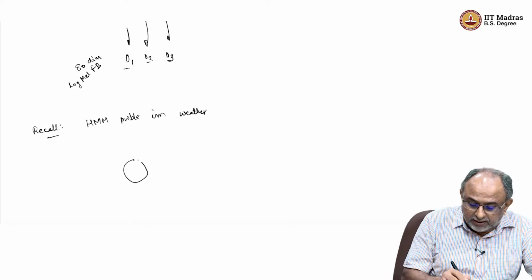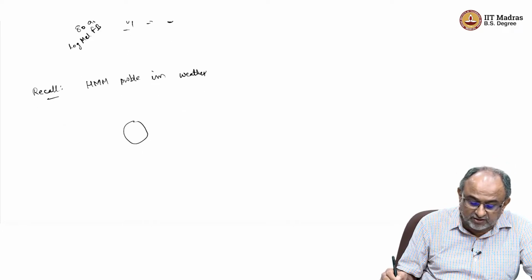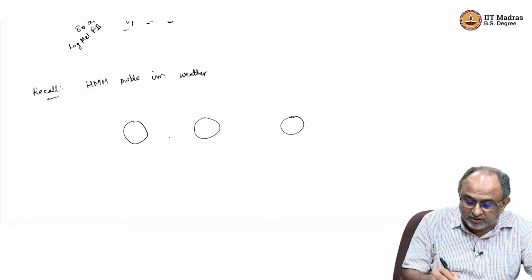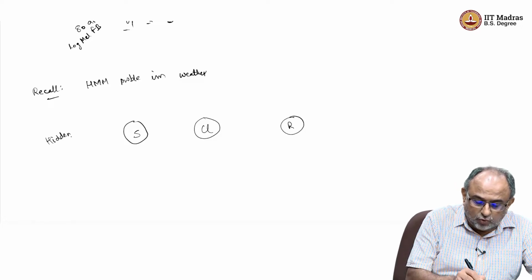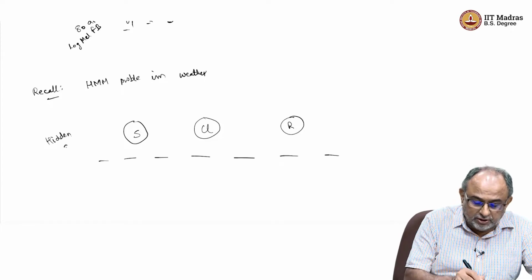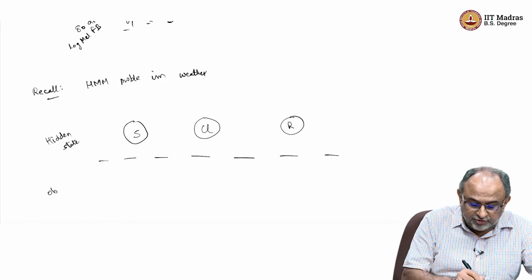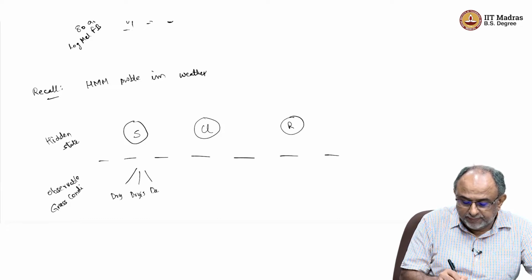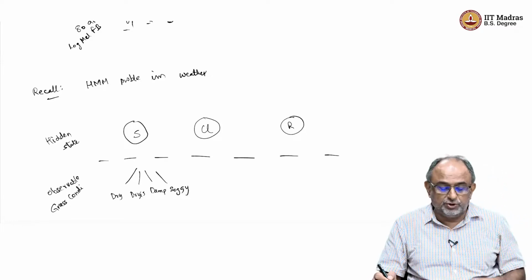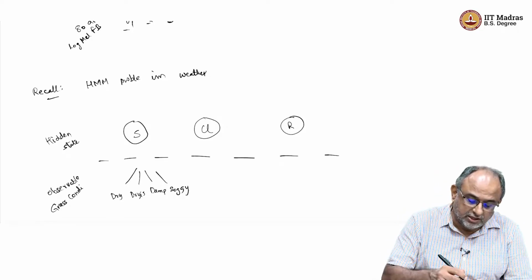These are my hidden states: sunny, cloudy and rainy. What are observable are the grass conditions, which are dry, dryish, damp or soggy. There is a certain probability with which, depending on the underlying weather condition, these will be observed.